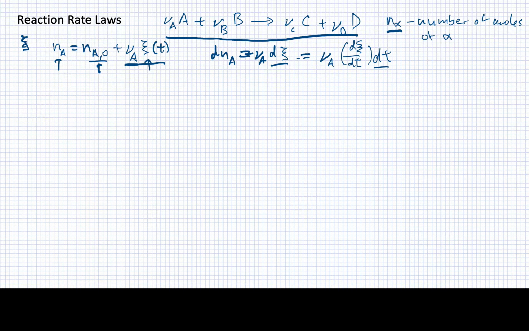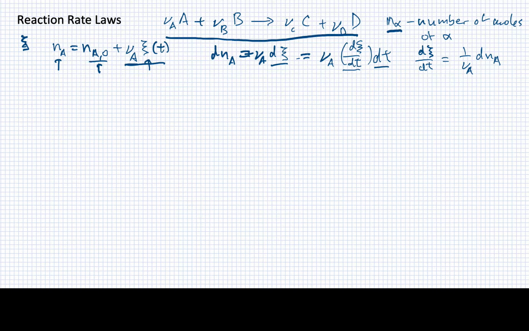Now, I'm going to be more specific than this and say that I really care about this because this is how we're going to specify the rate of reaction. So I want to isolate this derivative of ξ with respect to t because that's telling me how fast that extent of reaction is changing. So it'll be equal to 1 over the stoichiometric coefficient times this number of moles of A that are changing.